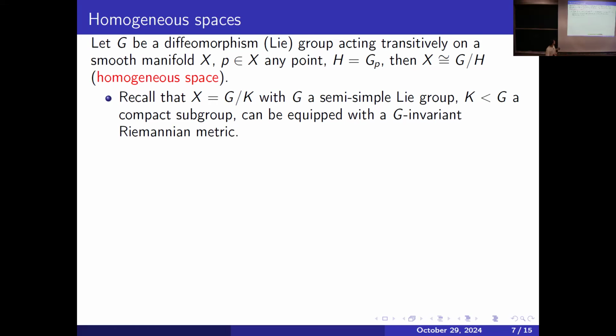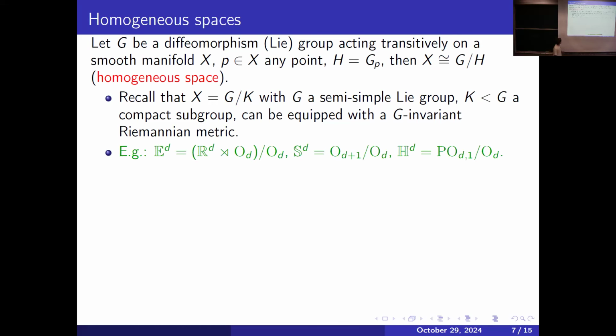So in fact, it can be made a Riemannian manifold such that G is, okay, it's not necessarily the full isometry group, but I would say it contains the identity component of the full isometry group, okay? So G is some isometry subgroup of the manifold X in this case.